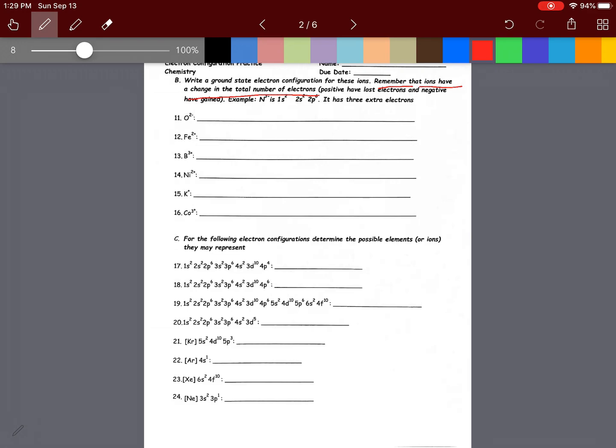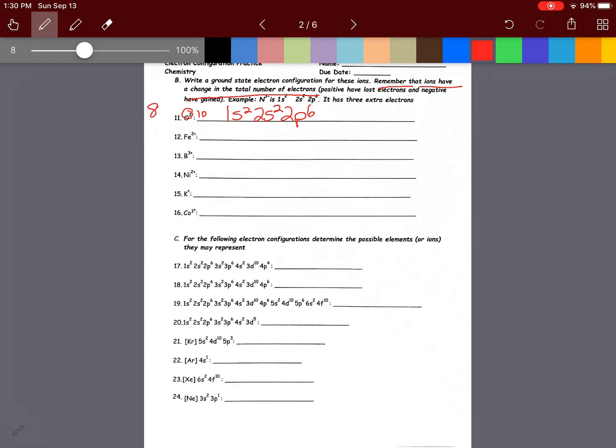All right, so if we look at oxygen, oxygen normally has 8 electrons, but this is a 2 minus charge, and so we're actually going to write the electron configuration for 10 electrons, and we can write that as 1s2, 2s2, 2p6, and that should be 10.